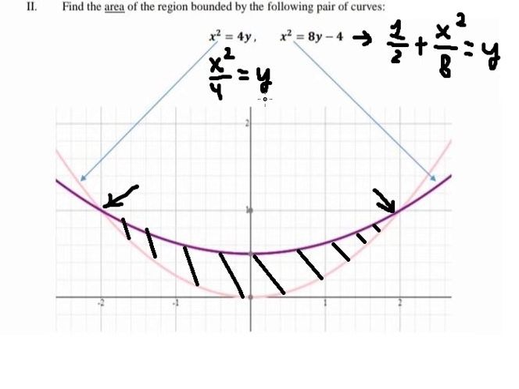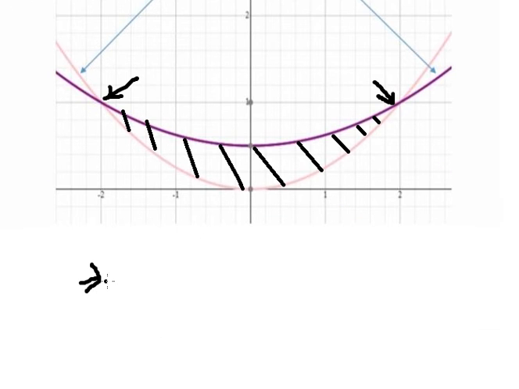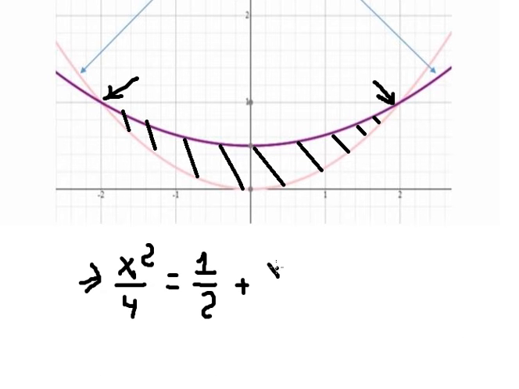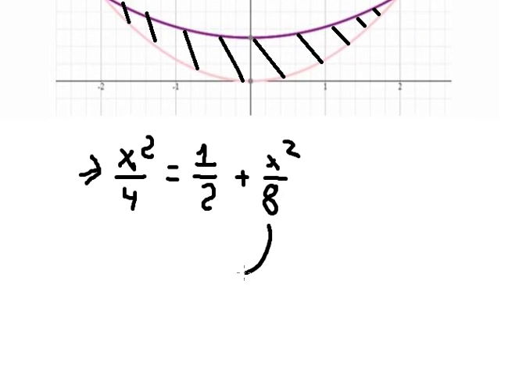To find the intersection, we have y and y in here. So we have s squared over number 4 equals 1 over number 2 plus s squared over 8. So I will put this one to the left.